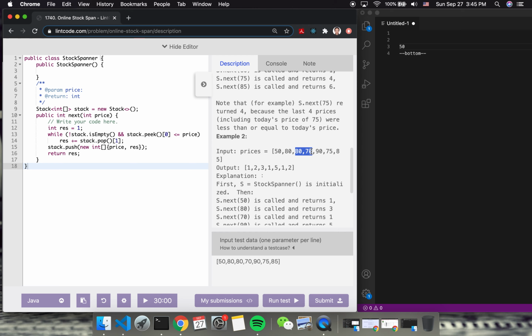The span of 70 today is only 1. Then it goes to 90, and it still checks 70, 80, 80, 50. They're all smaller than 90, so it's consecutive. Then the span of today is 5, and so on and so forth.